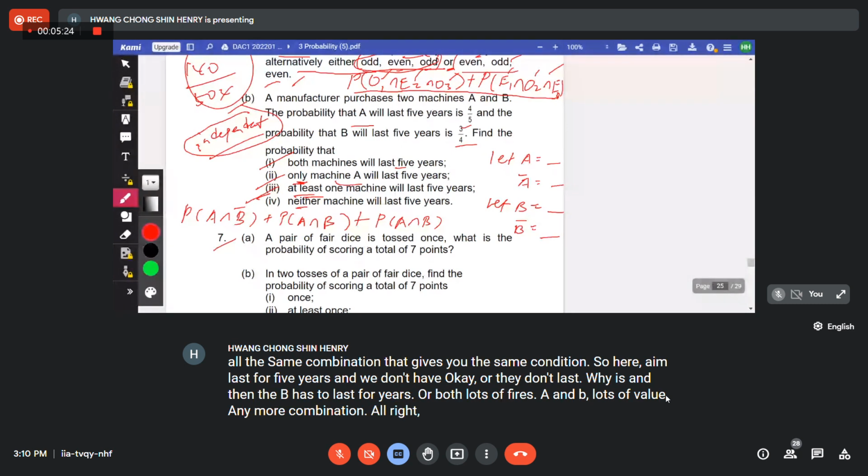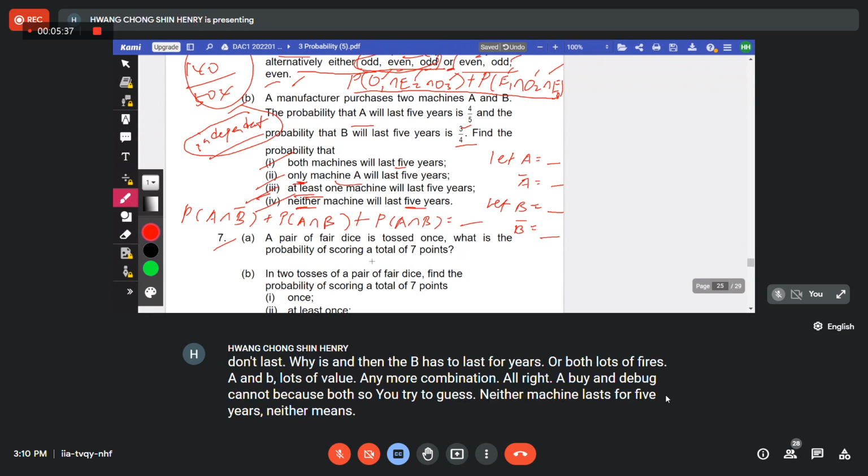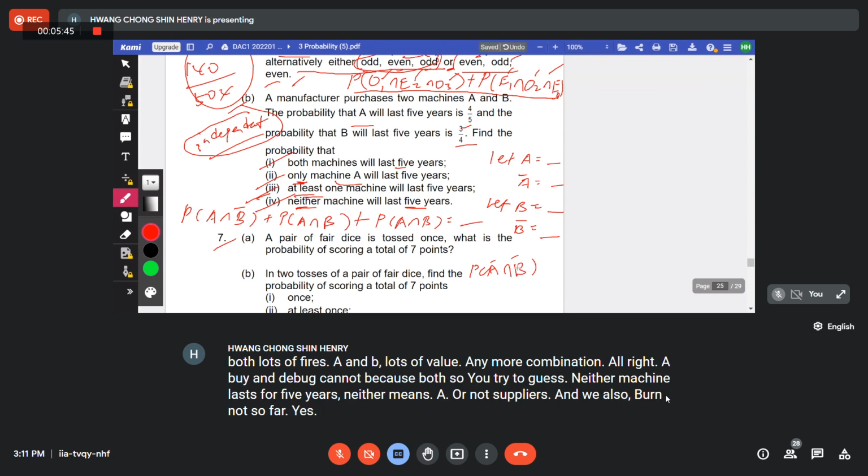A bar and B bar cannot because both don't last for 5 years. So you try to get an answer. Neither machine lasts for 5 years. Neither means A doesn't last for 5 years and B also doesn't last for 5 years. Both don't last for 5 years.